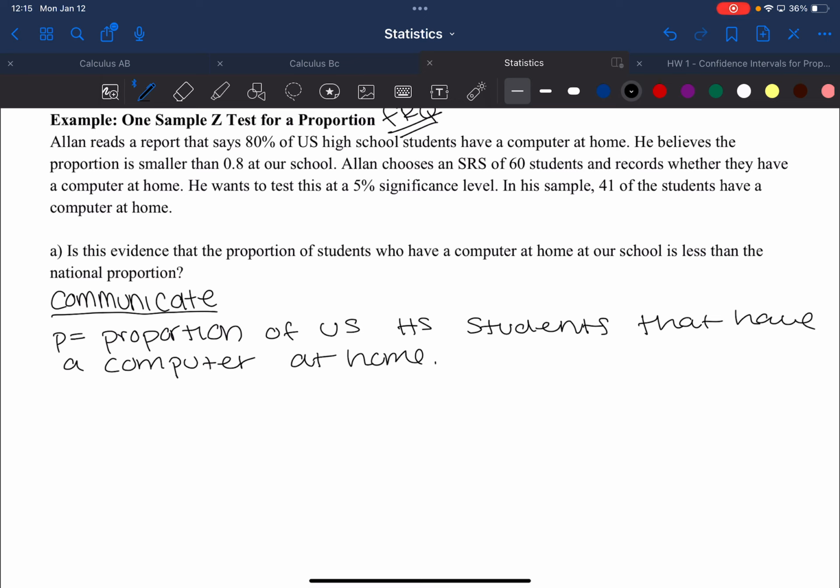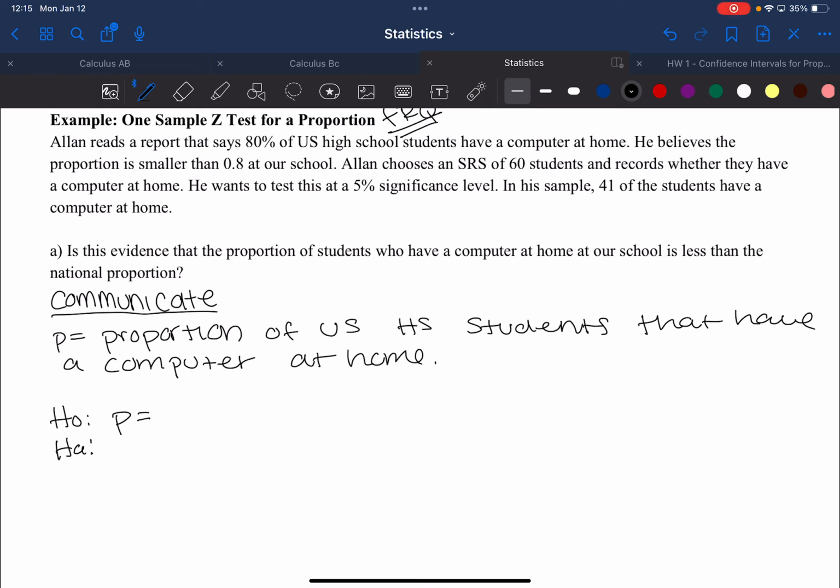The next thing we're going to do is write our hypotheses. So always start off by writing H naught and HA. Just because when we're writing our hypotheses, I don't want you to get the confusion of saying H naught is equal to some value. Because then you're forgetting the p-value, the proportion, which is very important. So remember, our null hypothesis is always going to be P equals, and then whatever the original claim is.